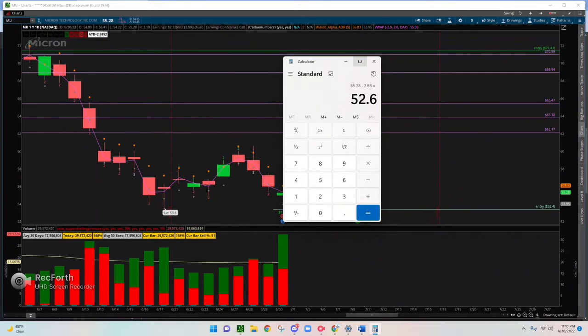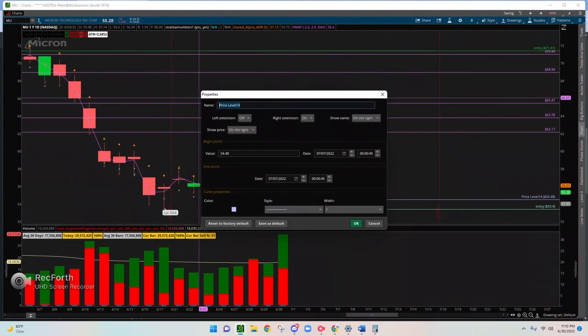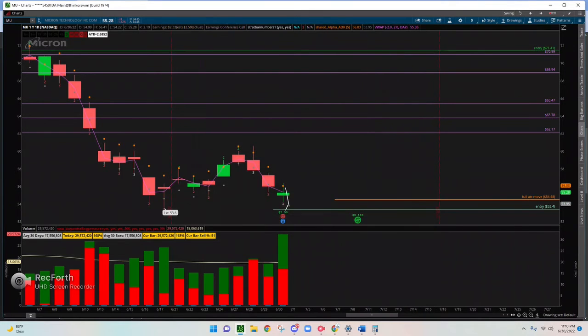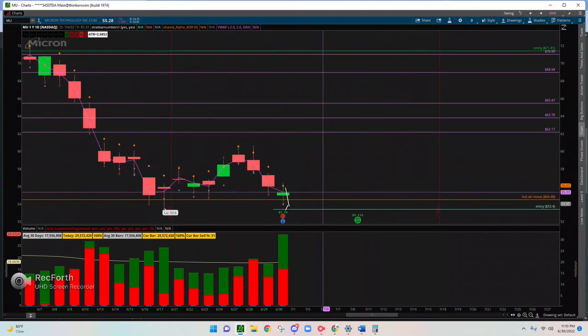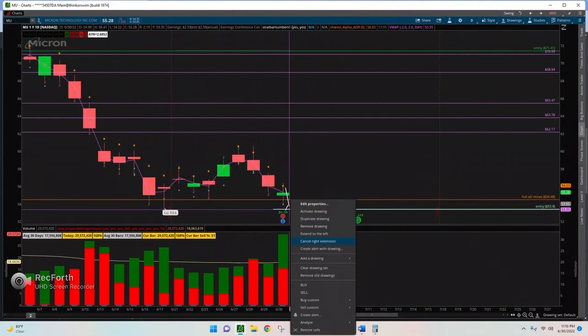Then you subtract 2.68, 52.6. That'll be one of our targets. Then you want to go here, full ATR move. That's the strategy. You want to have the ATR in your direction.